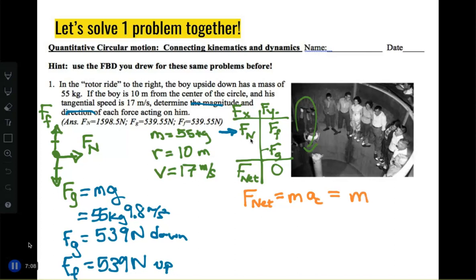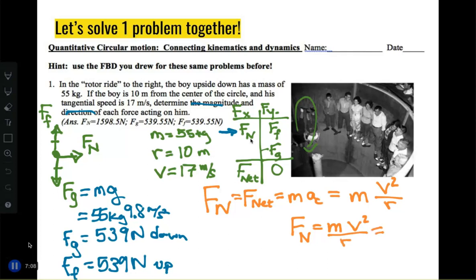So that'll be the mass times the velocity squared divided by the radius. And we also know that that net force, well, that's equal to that force normal that we're looking for.